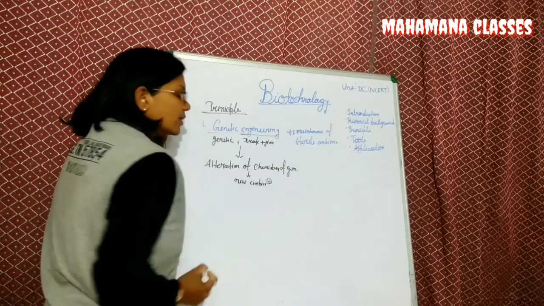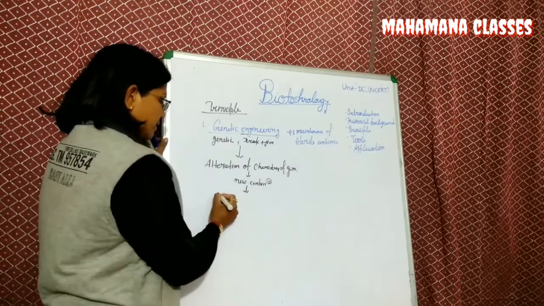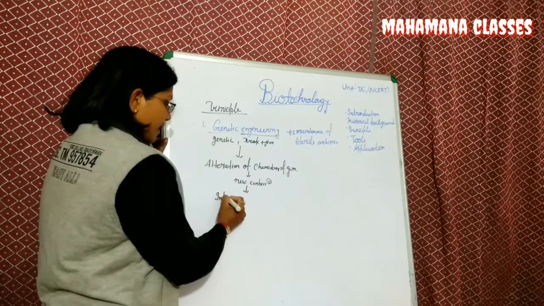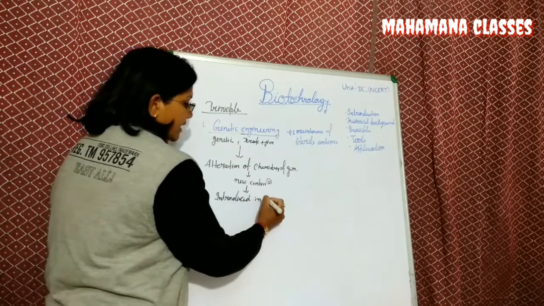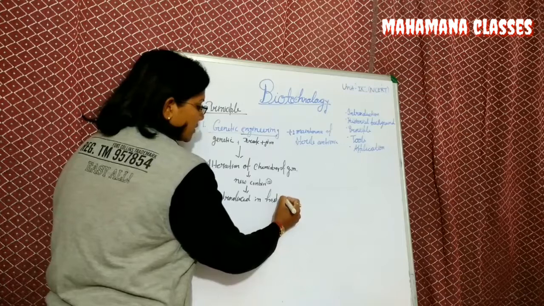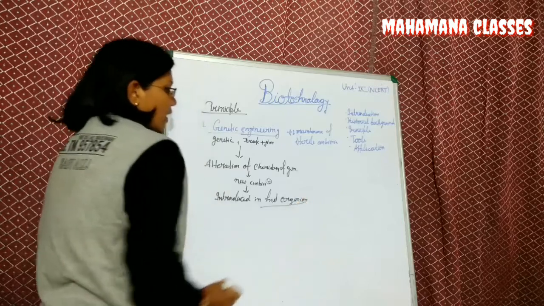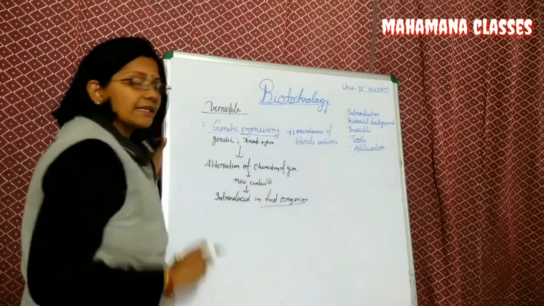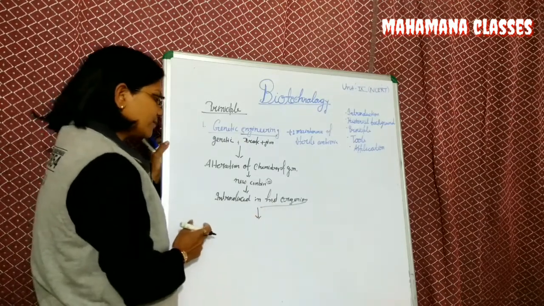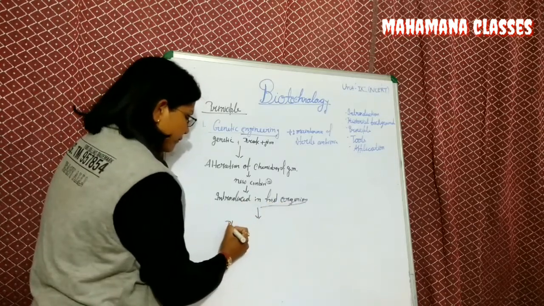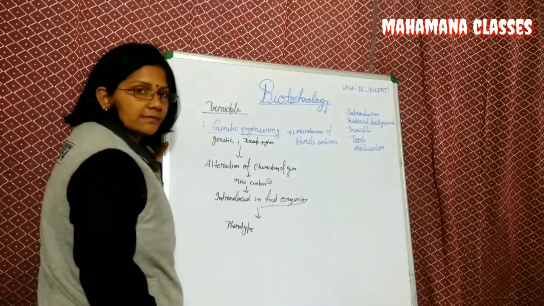After creating this new combination of genetic material, it is introduced into the host organism. The second step is also very important. In the host organism, this altered genetic material will multiply, and due to its multiplication, the phenotype of the host organism will change.